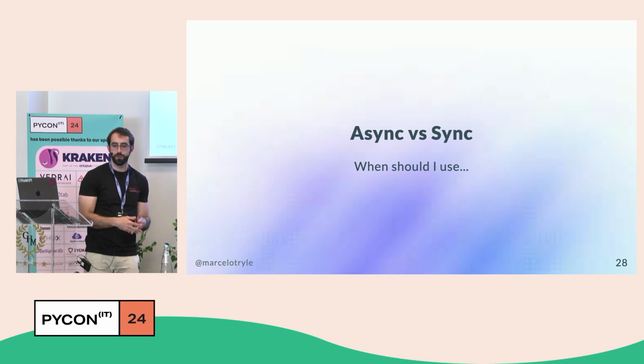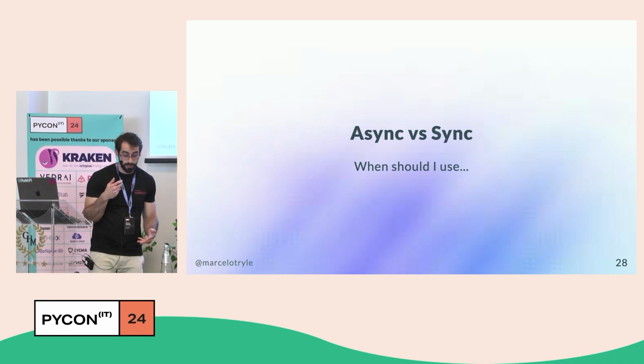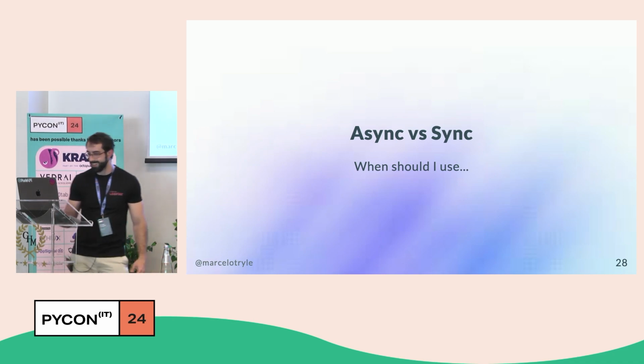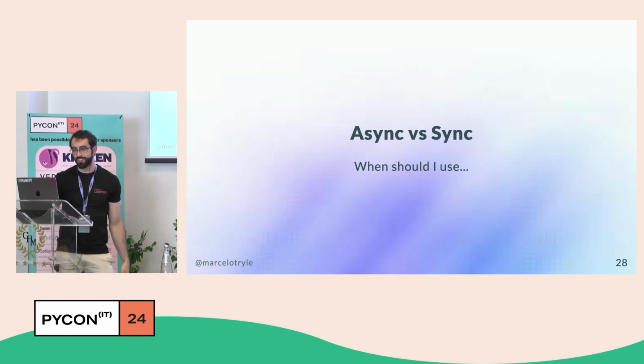If you are running CPU bound and you can escape the GIL, some packages like NumPy or Pandas have stuff that you can escape, then you should use sync. If it's CPU bound but it doesn't escape the GIL, you shouldn't be running that on the web server anyway. So try to throw that to another worker or something.